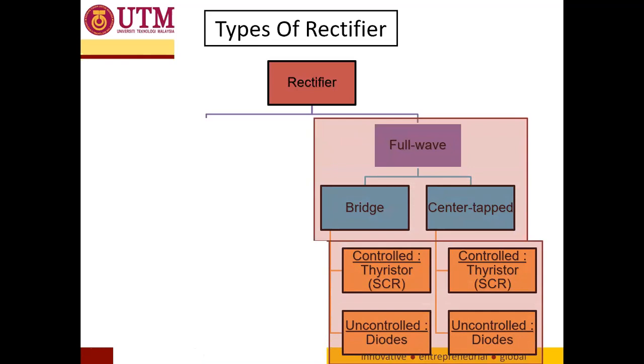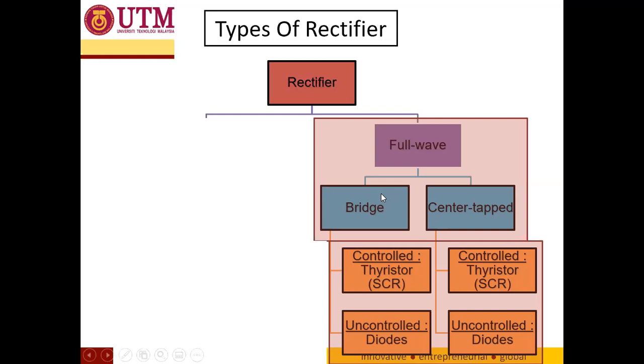For the full wave rectifier, we have two circuit types or topologies: the bridge, and the second one, the center tap. The center tap means that we are using a transformer as electrical isolation, which provides protection of the source from the load side.